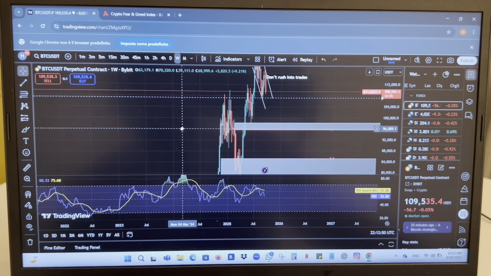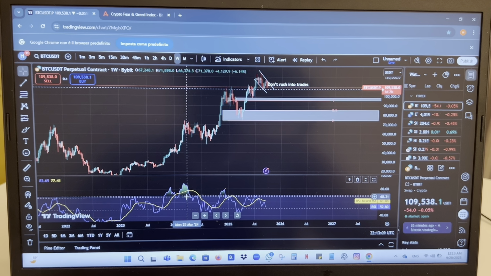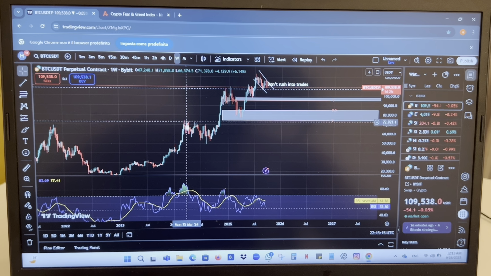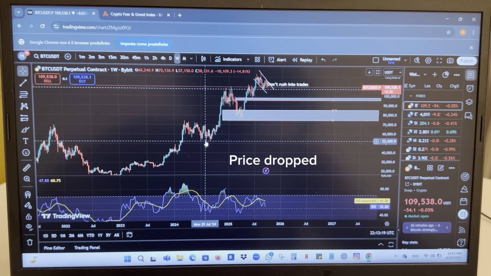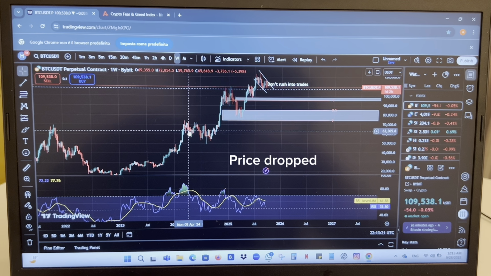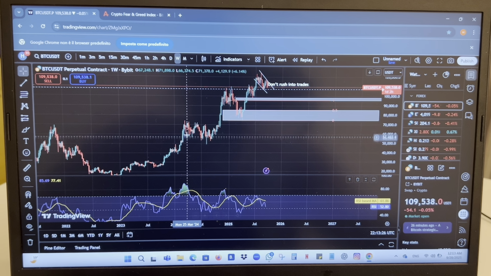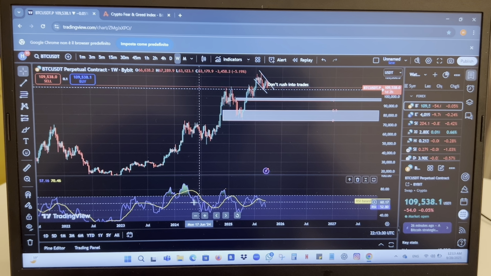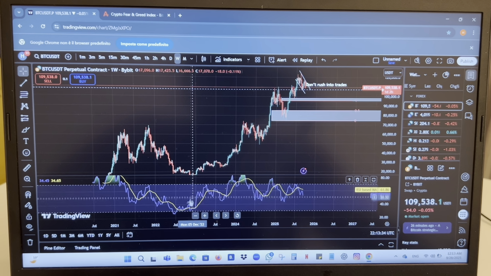Let's go to the weekly time frame so it's easier. As you guys can see, right here, the coin has been overbought, and right after that the coin went down, right? That's what it means by being overbought. After it's been overbought, eventually the coin will go down. And then let me show you an example of the coin being oversold.